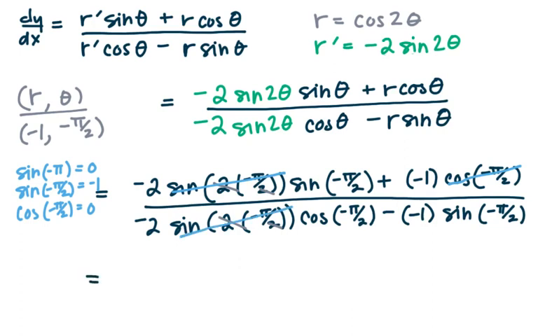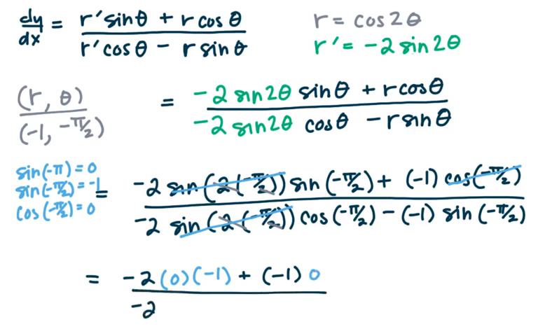That leaves me with negative 2 times 0 times sine of negative pi over 2, which is negative 1, plus negative 1 times 0, over negative 2 times 0 times negative 1, plus 1 times sine of negative pi over 2, which is negative 1.